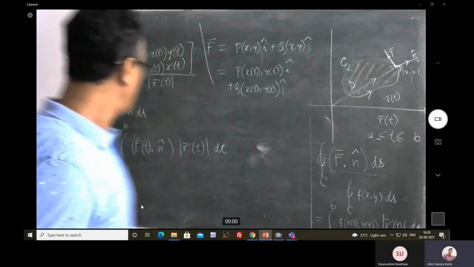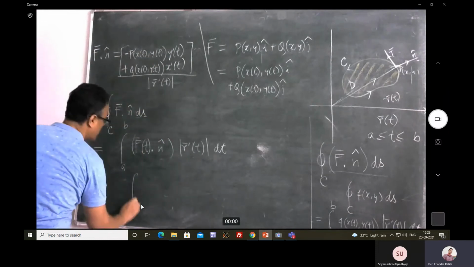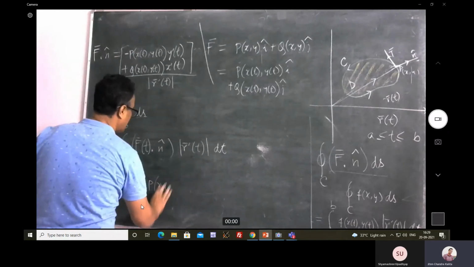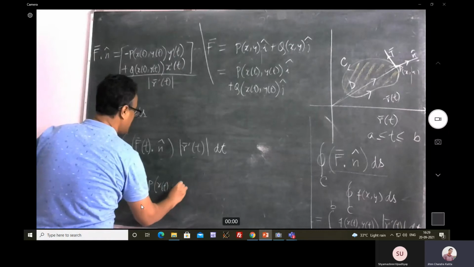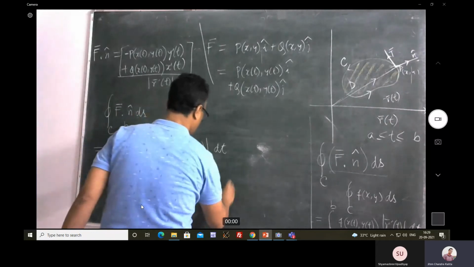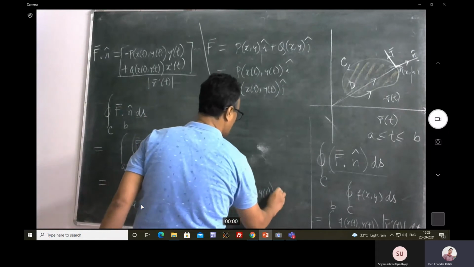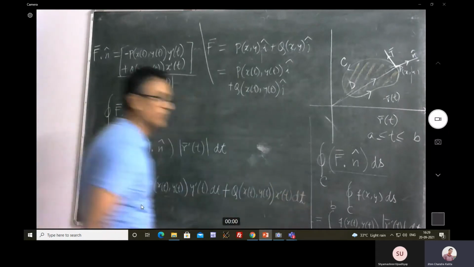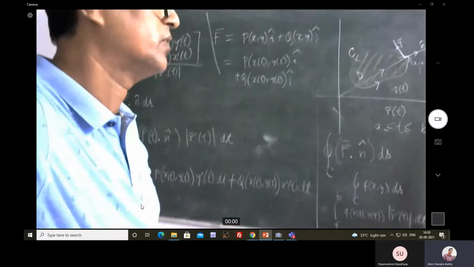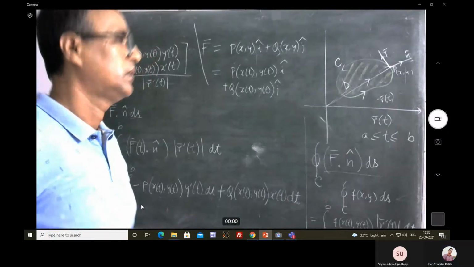Yeah. Fine. So that means if I use this above, this is going to give me the integral from a to b of minus p of x(t), y(t) times y prime t dt plus q of x(t), y(t) times x prime t dt.